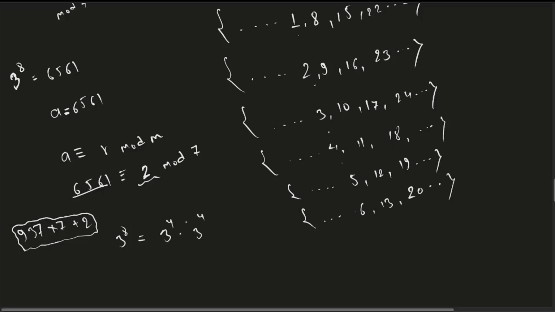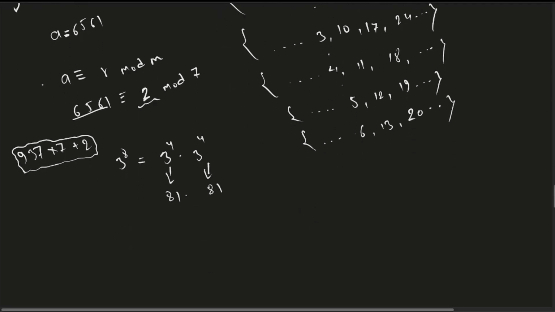We can add the powers, right? And 3 to the power 4: 3 times 3 is 9, times 3 is 27, times 3 is 81. So I've got 81 times 81. Since it's mod 7, we can use mod 7 here. 7 times 11 is 77, so the remainder is 4.